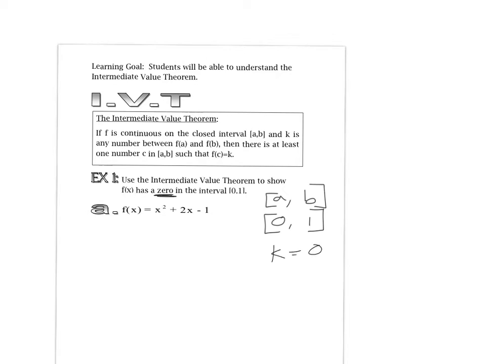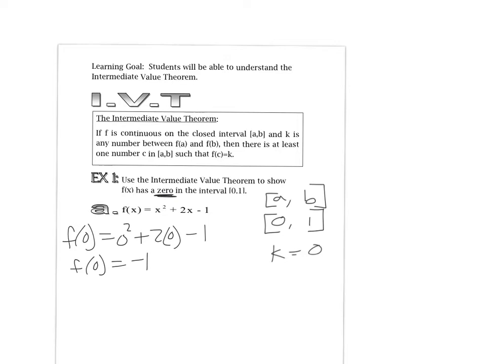So to figure out if k is between f of a and f of b, we're going to have to figure out what is f of 0 and f of 1. So let's go ahead and do that. Let's find f of 0 first. And that would be 0 squared plus 2 times 0 minus 1. Well, that's easy. f of 0 equals negative 1.